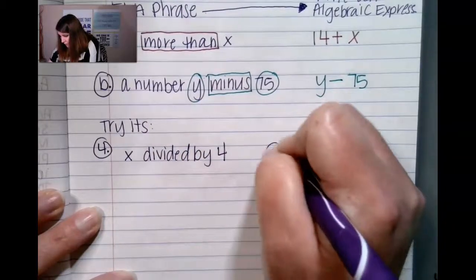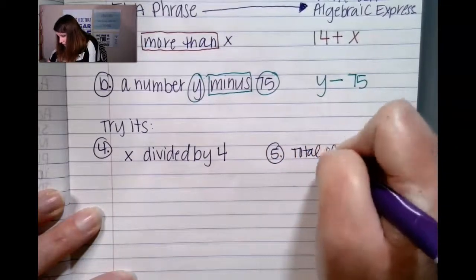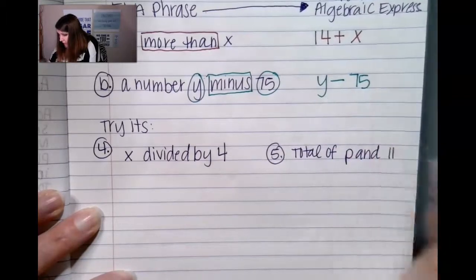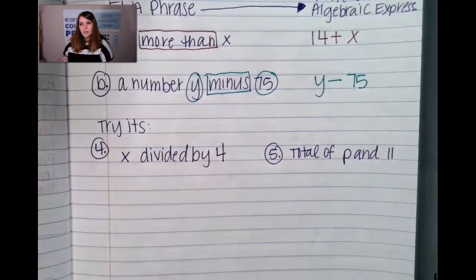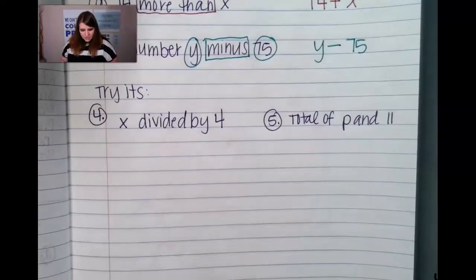And try-it number 5 says the total of P and 11. All right, do those two try-its for me. Hit pause so that you don't hear me talking to you. And then I'm going to go ahead and solve these for you while you're working.